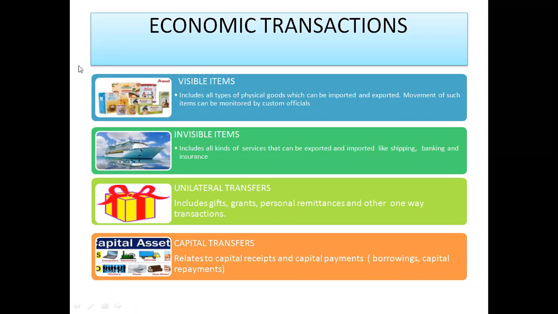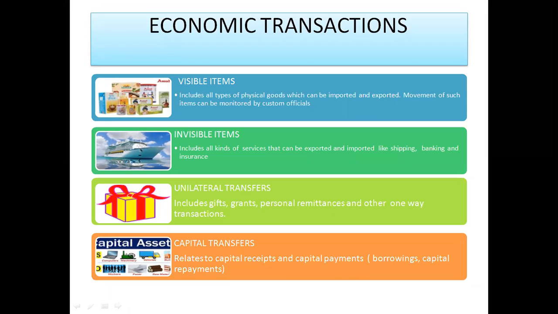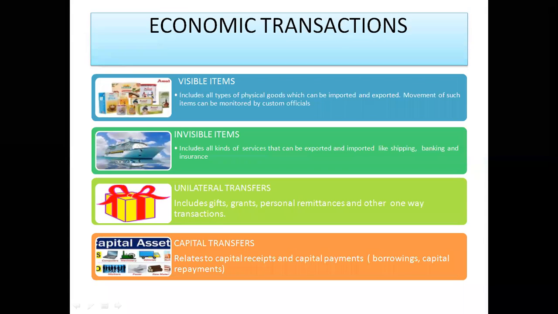Suppose I am getting IT service done from another country, or another country is getting IT service done from India, like the USA gets all its IT services done from India. These services don't exist physically, so they are called invisible items, but they are part of the economic transactions, because they make profit for one country and expenditure for the other.